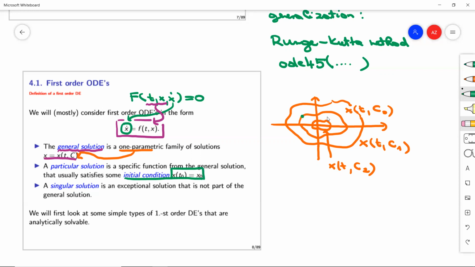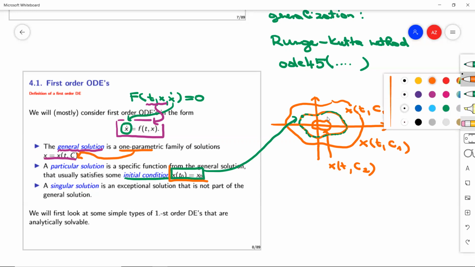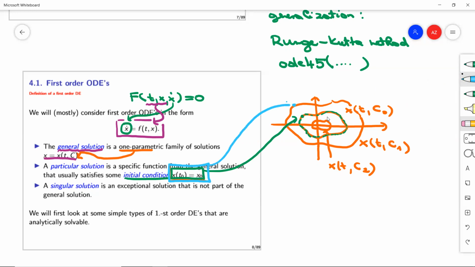And if we have this one, then our solution is specifically this curve. If we have another condition, the blue one, for example, this one, then the solution would be this curve. So when we specify this initial condition, we specify a particular solution out of the family of solutions.